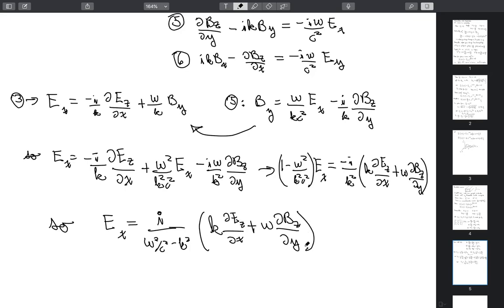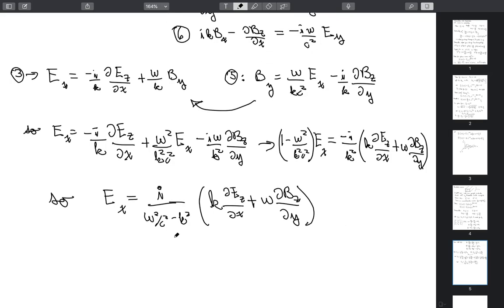So that's one handy equation for Ex in terms of Ez and Bz.